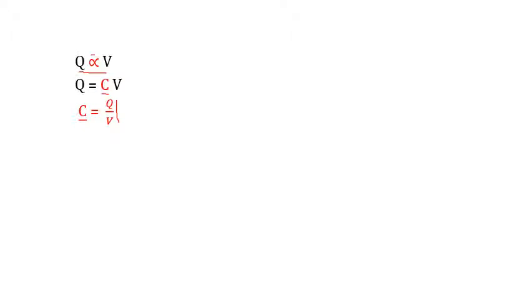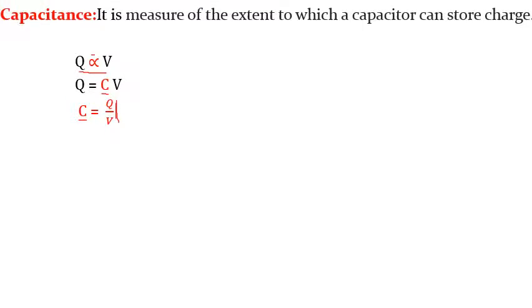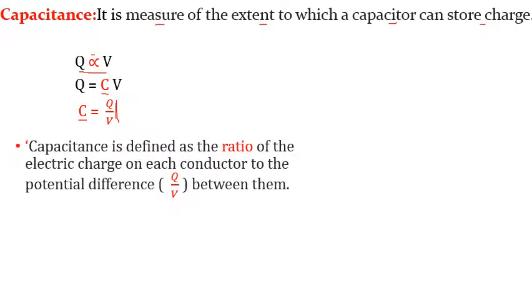By formula, you can define it very easily. Now here this capacitance is a measure of the extent to which a capacitor can store charge. But the exact definition we can write down from this formula only. Try yourself, do it yourself, write it.